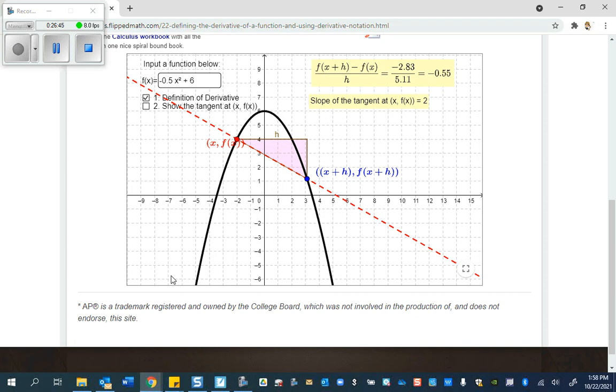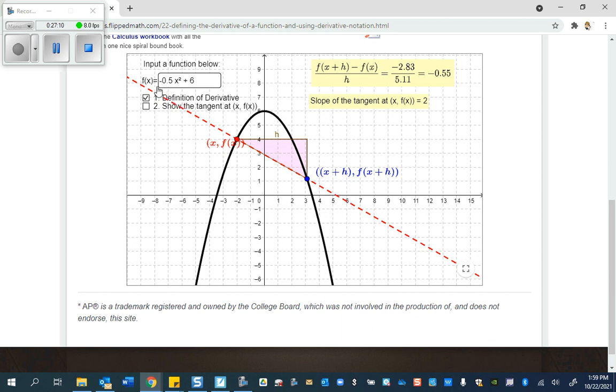this graph does a pretty good job of looking at it, and I want you to think about what we said. The derivative is the slope of the tangent line, right? So if you look at this function here, this upside down quadratic, negative 1/2 x squared plus 6. So we have a y-intercept of 6, negative, so it's a reflection, it's a quadratic that's down like a frown.